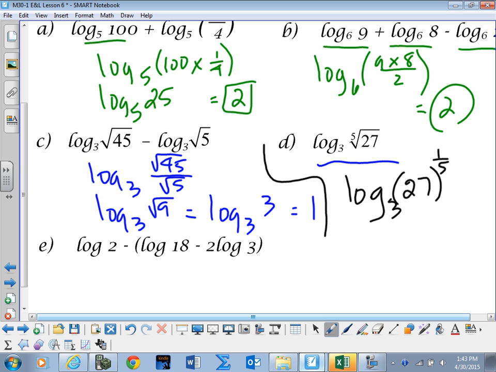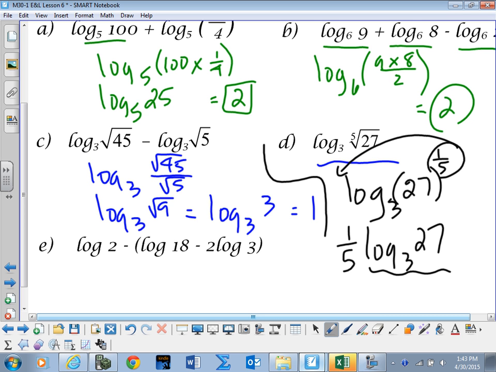I don't know what the 5th root of 27 is, so I'm going to write it like this. I'm going to change the root to an exponent 1/5. Now that exponent, if you remember the third law of logs, can be moved to the front of the log. So this becomes much easier to evaluate, because 3 to the power of 3 is 27. This log is equal to 3.